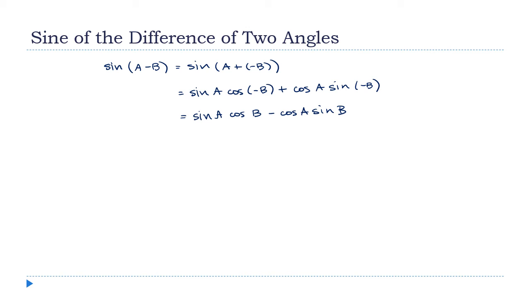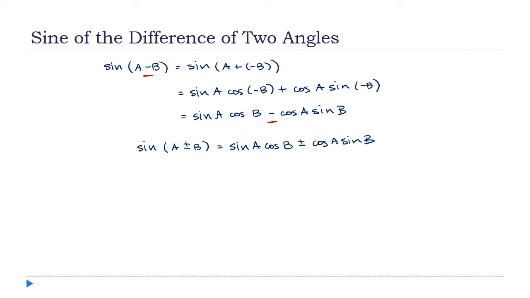I can rewrite this: the sine of A plus or minus B equals the sine of A cosine of B. You notice this time they stayed the same. When I had a minus up here, I had a minus down here. So now they'll stay the same. This is plus or minus cosine A sine B. Right? There's my sine formula.